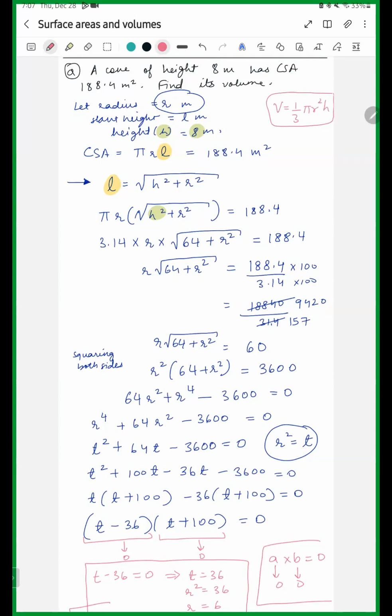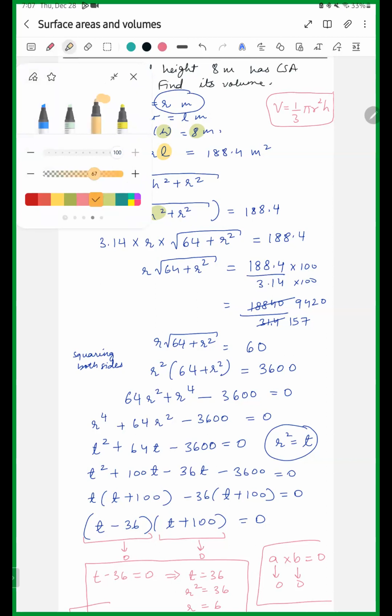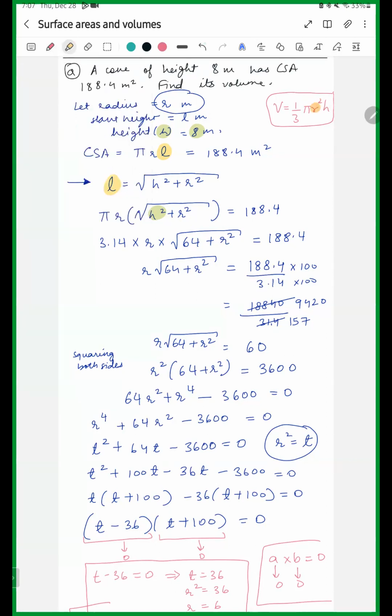Okay, and over here in the question, radius was not given to us, so we just assumed that the radius, let's just call it r, and slant height is going to be something, let's call it l. Fine. Only one thing we know, that is the height, which is 8, and curved surface area is given to us.